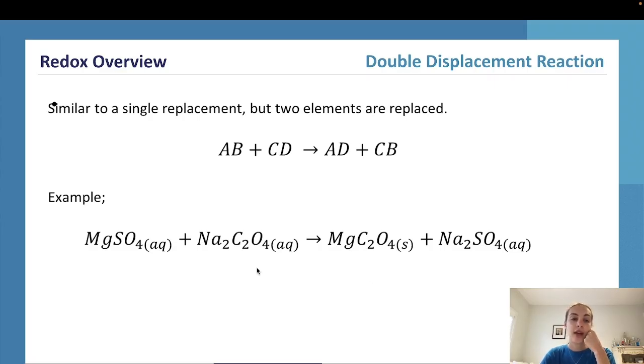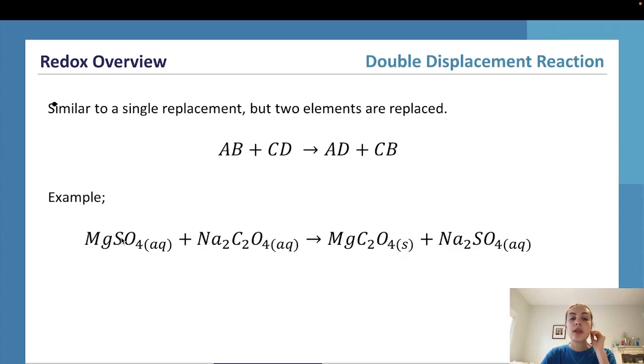So in this particular reaction, we want to determine what our charges are that we're starting off with and what is changing, so we can determine what is being oxidized and what is being reduced. So we look at magnesium sulfate to start off with, and we want to look into our rules.